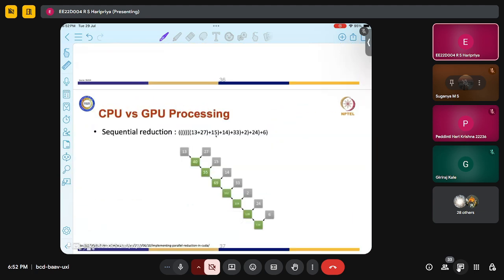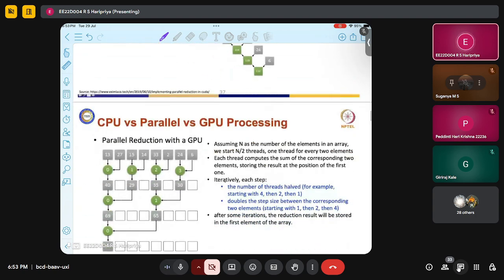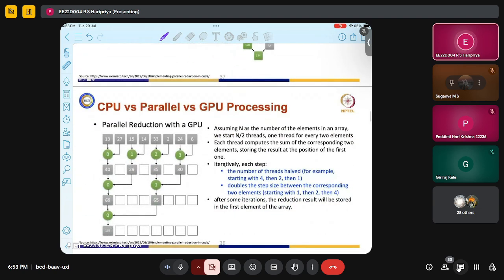Okay, so if we have any sequential task, it can be performed in the CPU. To perform this operation, we need this result. Whereas for the GPU, we can convert it to parallel and run multiple tasks in parallel.